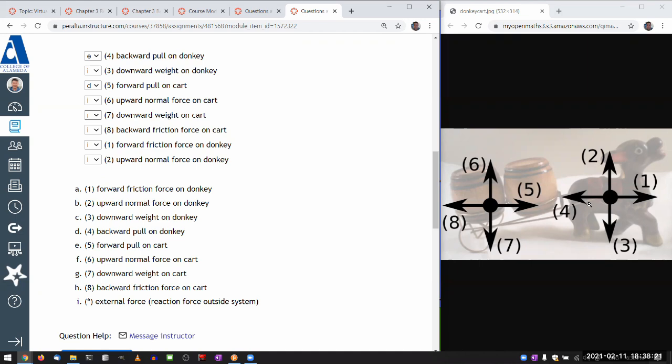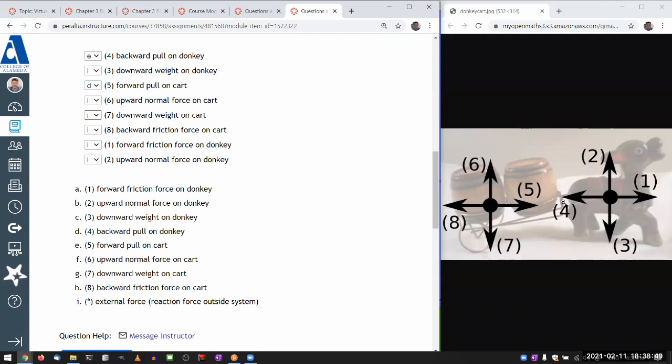Which one you label action and which one you label reaction, you can flip them around completely. You could say the donkey's pull is the action force, and as a reaction force to that, the cart is pulling backward on the donkey. That's probably the natural way most of us will say it. But it is perfectly correct to say this is actually the reaction force, because as the donkey tries to move forward, the cart is holding the donkey back.